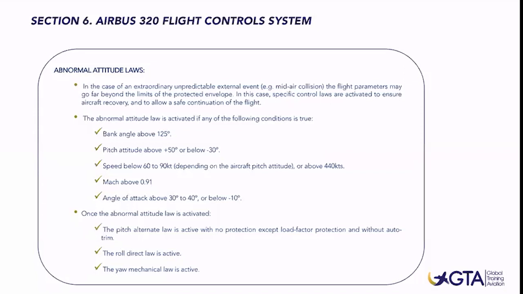Well, additionally, we have in flight, not in the sim, an abnormal attitude law. There is no sim in the world that can simulate this, which is basically if we are in a real flight and the pilot performs an abrupt and aggressive side stick input.